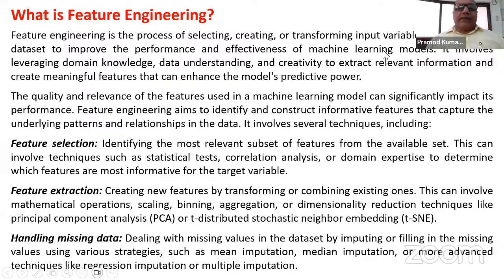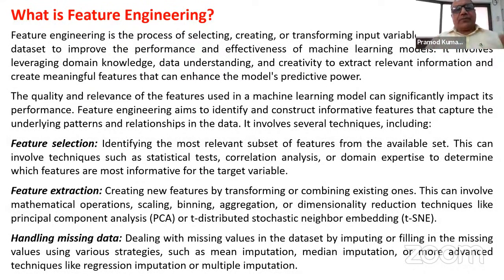So in feature engineering, we play with the features. Why do we play with the features? So that we create a group of features on which the performance of the machine learning model will be better.